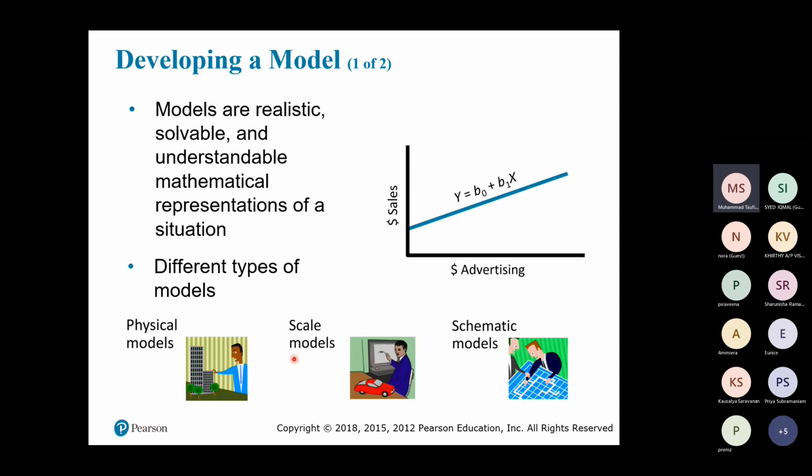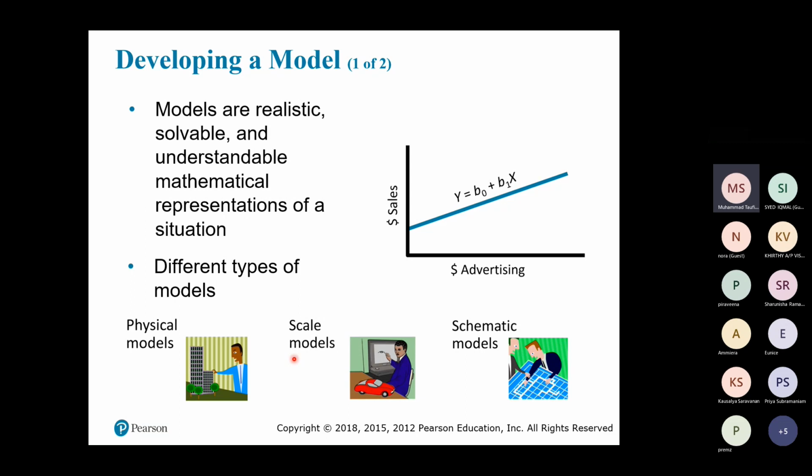And then the second part, developing a model. Models are realistic, solvable, and understandable mathematical representations of the situation. Once you know the problem, you have to come up with the mathematical model. Most of the time, we are not developing it by ourselves. Maybe we can pass it to the statistician, or use software to help us develop the model.